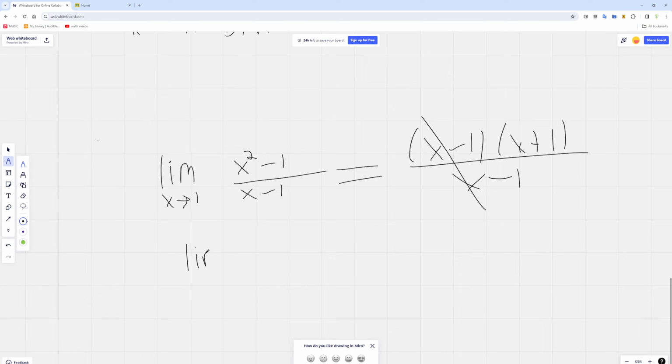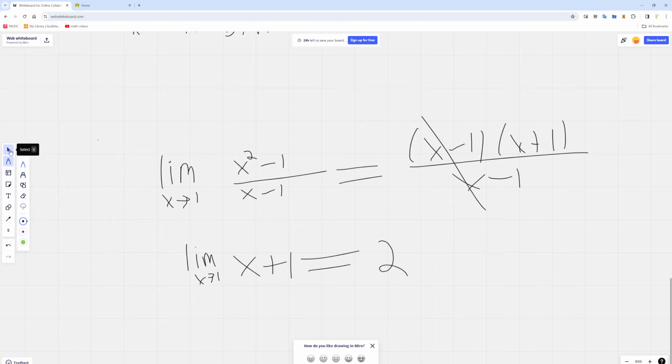And so because it won't be 1, the limit as x approaches 1 of x plus 1 is 2. As x gets closer and closer to 1, x plus 1 gets closer and closer to 2. So as x gets closer and closer to 1, our f of x gets closer and closer to 2.